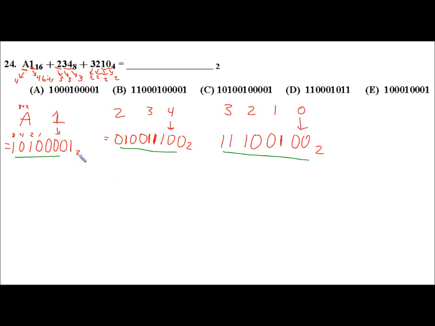Let me write these from right to left to make sure we line our digits up. So this A1 is 1, 0, 0, 0, 0, 1, 0, 1. From right to left here, it's 0, 0, 3 1s, 2 zeros, a 1, and a 0.